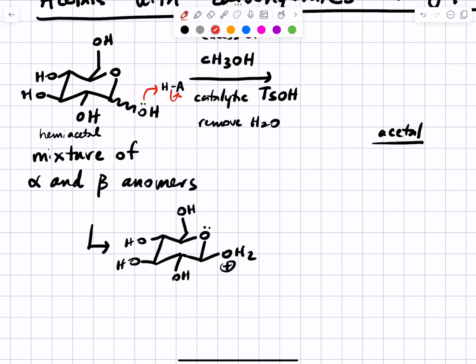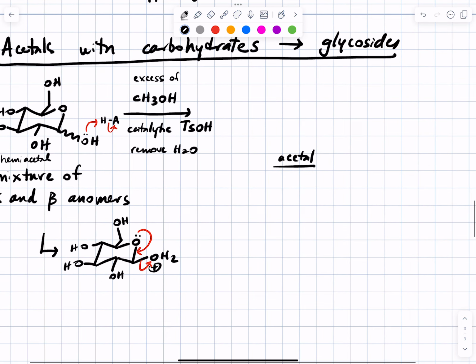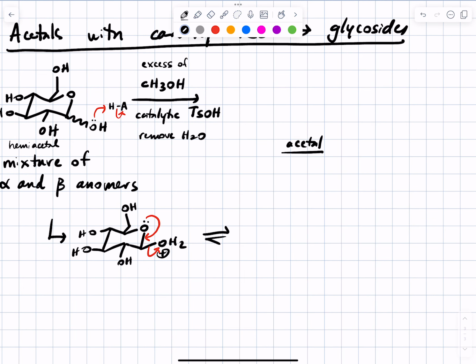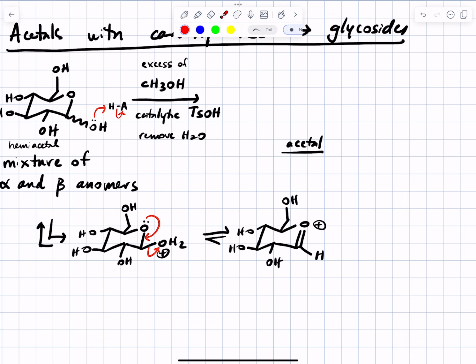Then lone pair electrons kick down and kick off water to give you an oxocarbenium ion. Recall that this is the step that you are welcome to draw in sort of an SN1 resembling step where the water just leaves. Either way, you get a resonance structure of the same oxocarbenium ion. Just by tradition, I tend to draw it this way.